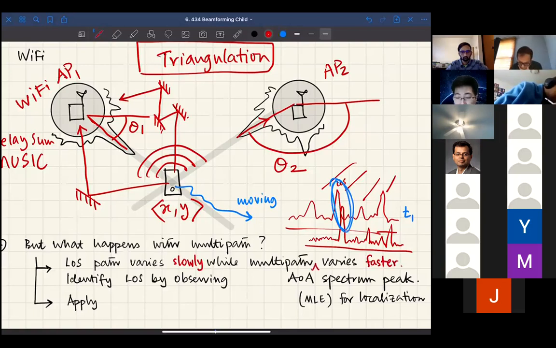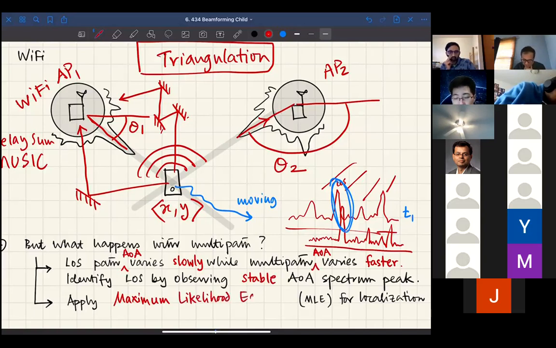Or multipath AOA varies faster, line of sight path AOA very slowly. So identify line of sight by observing the stable AOA spectrum peak, and then you apply maximum likelihood estimation, MLE, for localization.